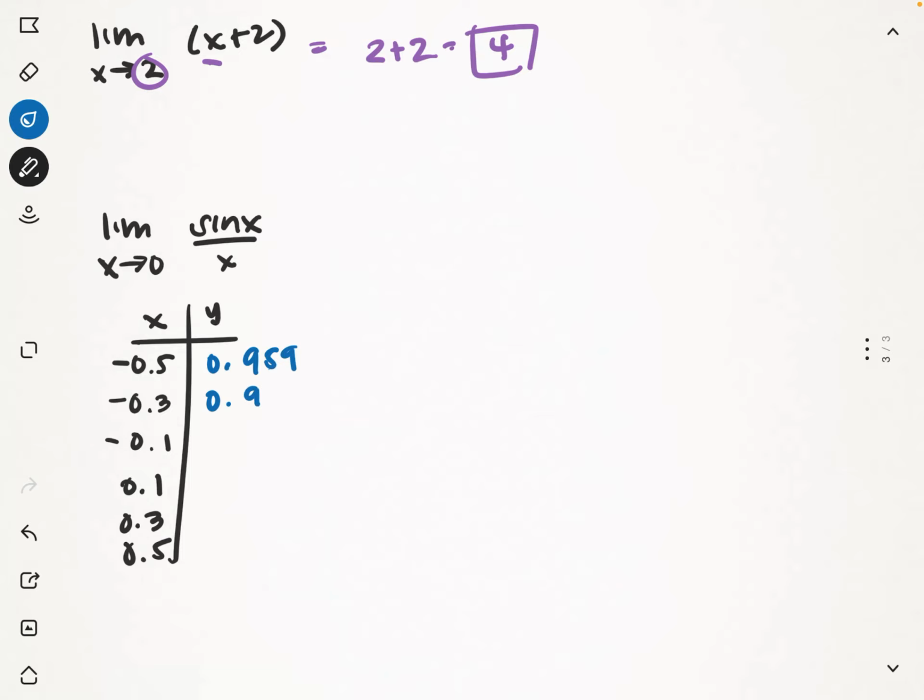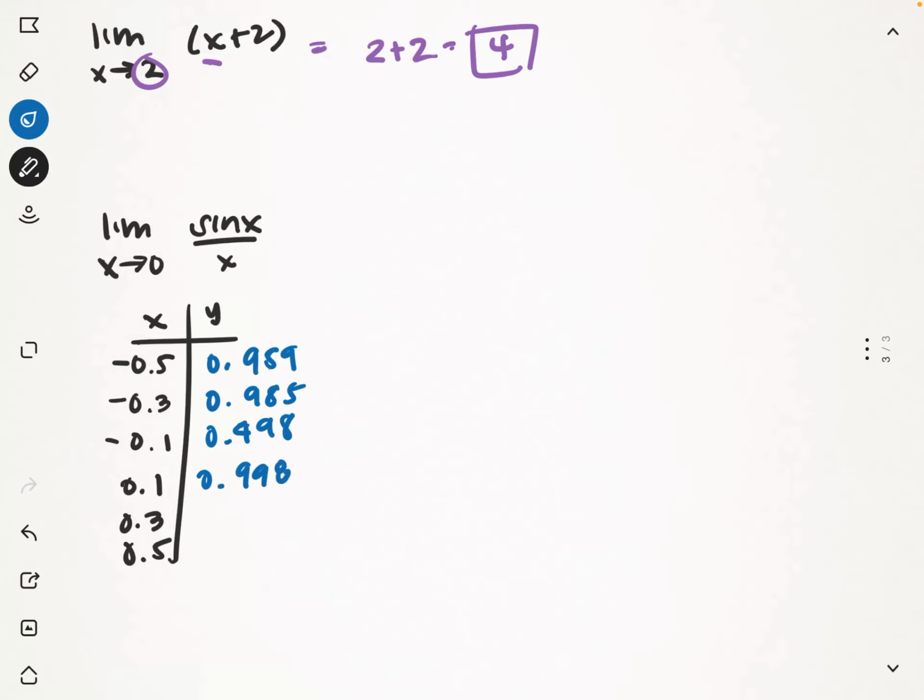Okay, and then this is going to be 0.985, and then sine of negative 0.1 divided by negative 0.1 is 0.998. Then sine of 0.1 divided by 0.1 is 0.998.